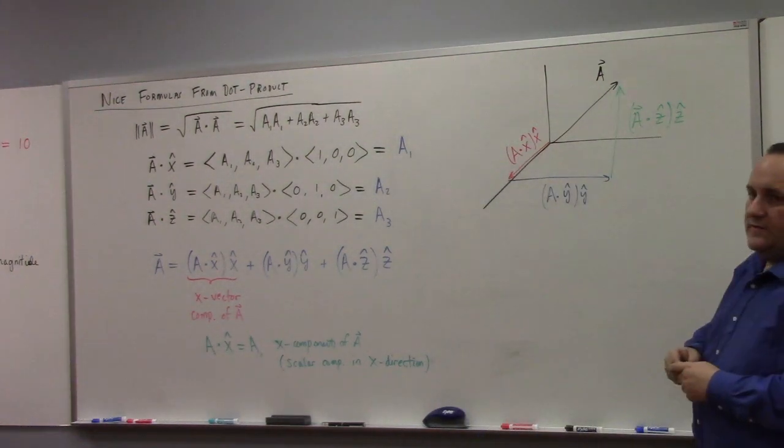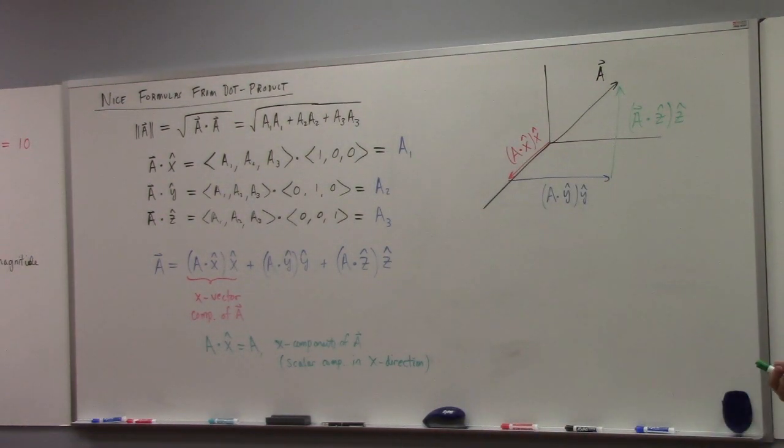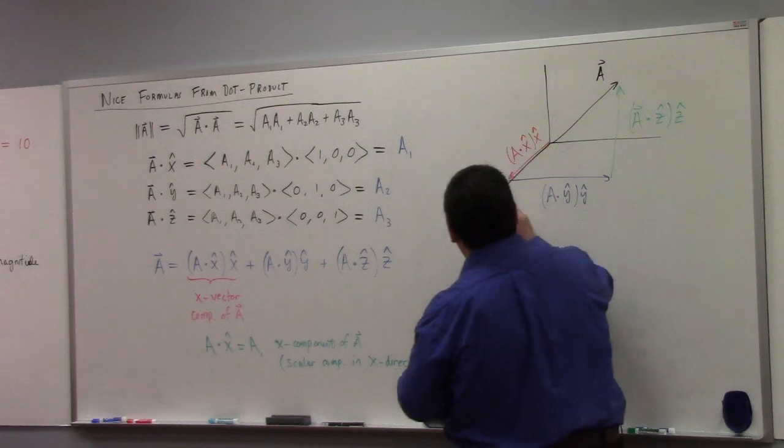Okay? So the part of the vector which points respectively in the x, y, and z directions is picked up by taking the dot products with the unit vectors in those directions. All right? But think about this. There's nothing really especially special about x, y, and z as directions.